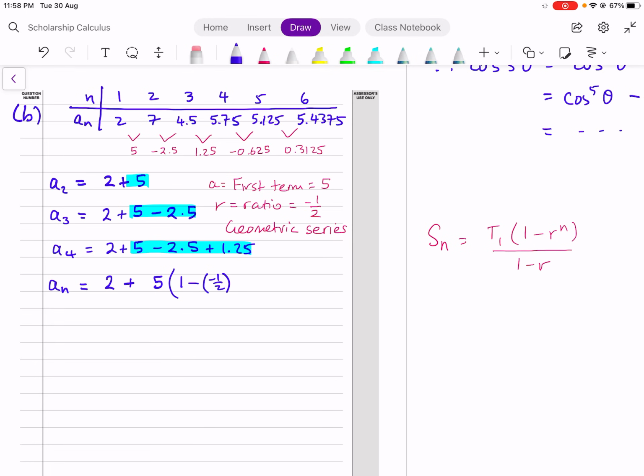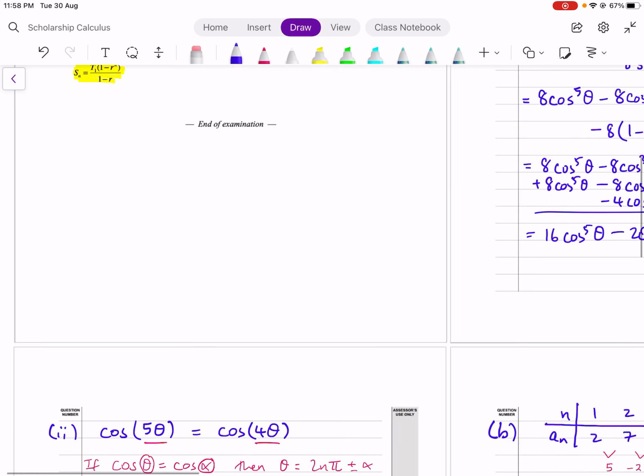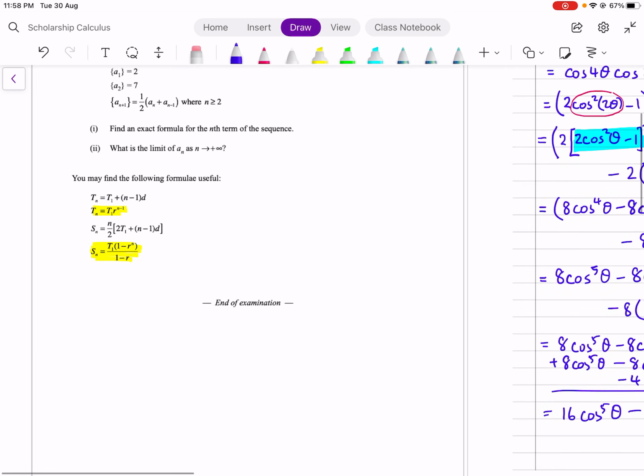So I want to go n minus 1 there. All divided by 1 minus -1/2. Cool. So that's the general formula.